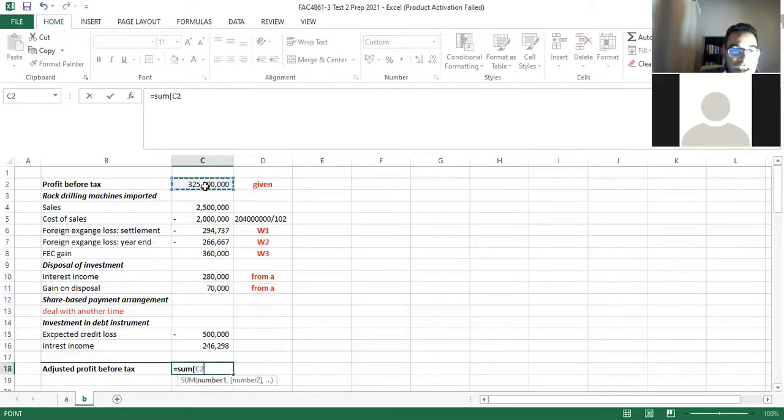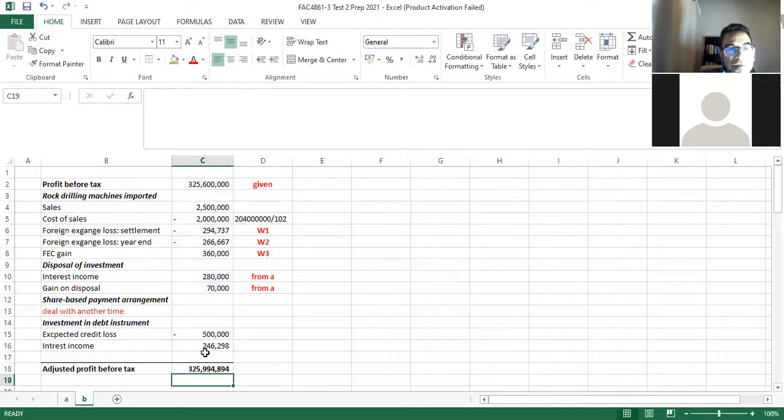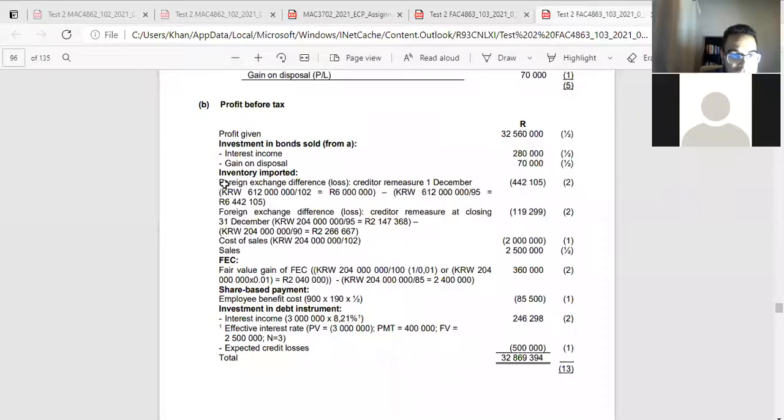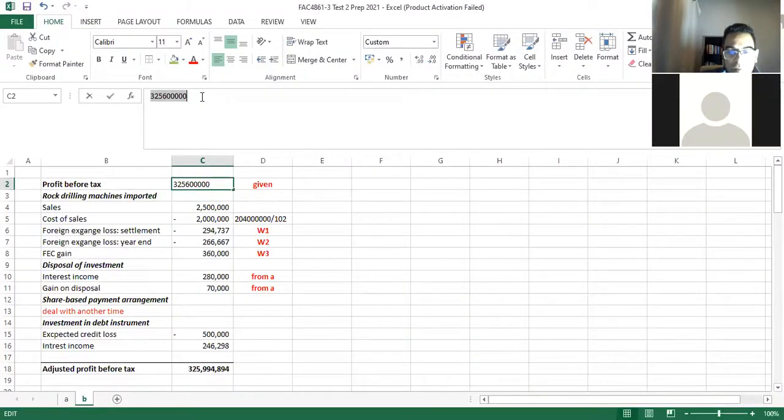So as you can see, still financial instruments, but the way they ask the question is very different. Is this right? 32, so 32,560.